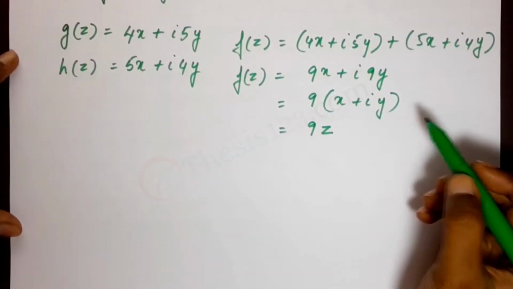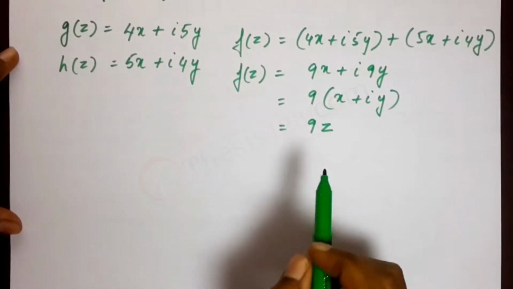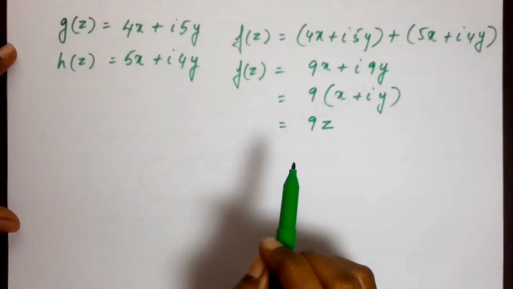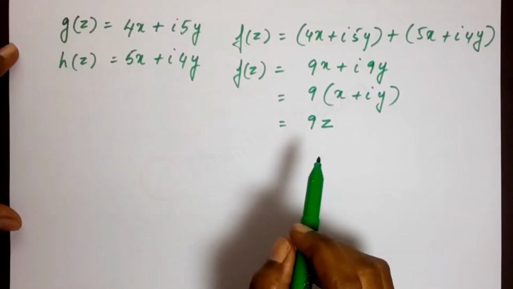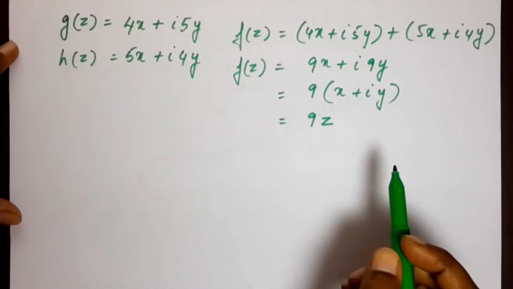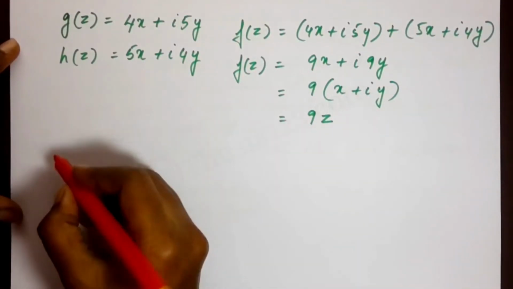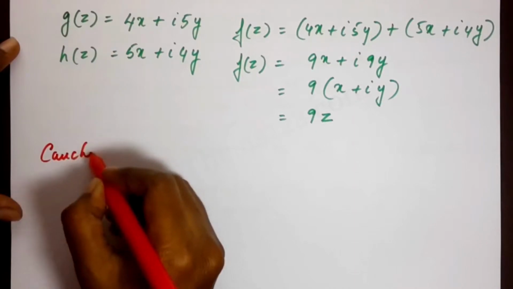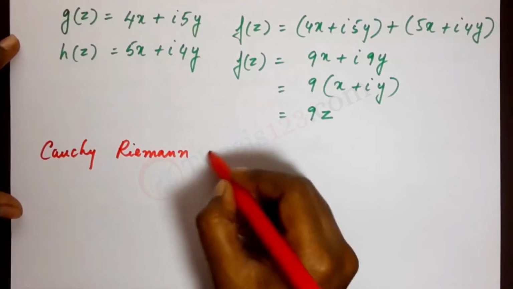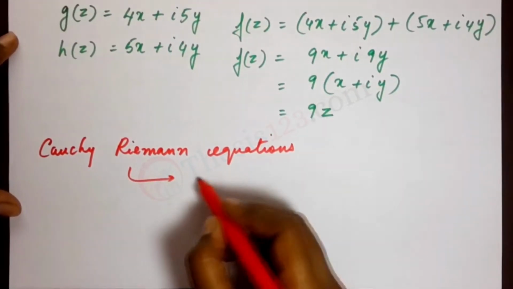Okay? So here we will notice that for g and h the Cauchy-Riemann equations are not satisfied. In order for a function to be differentiable at a certain point, it must also satisfy the Cauchy-Riemann equations. Now recall what the basic Cauchy-Riemann equations are. We have two of them.